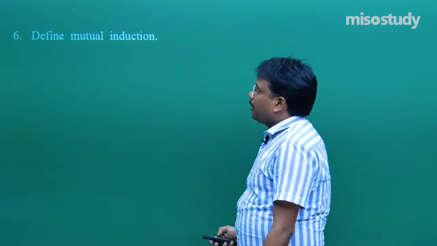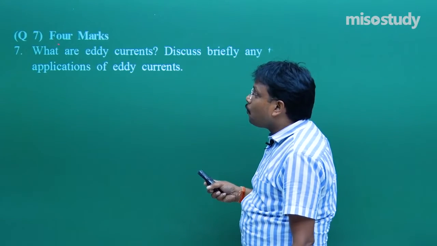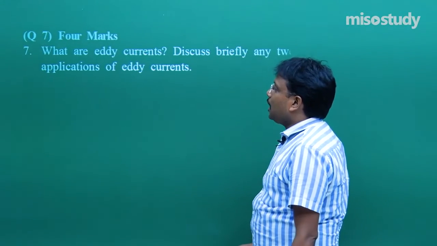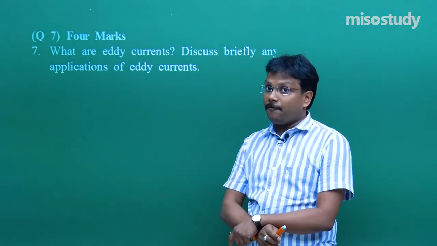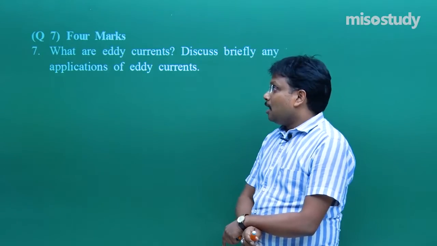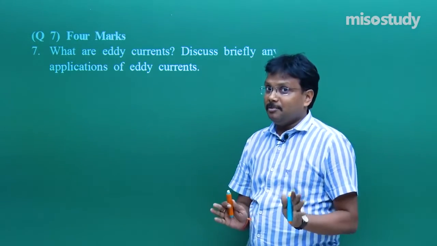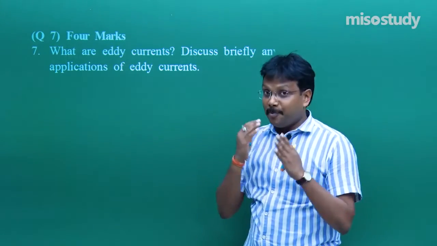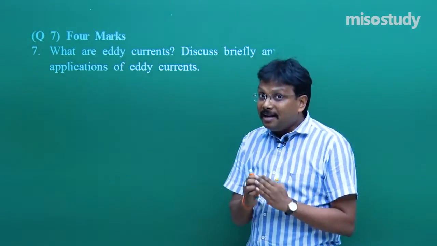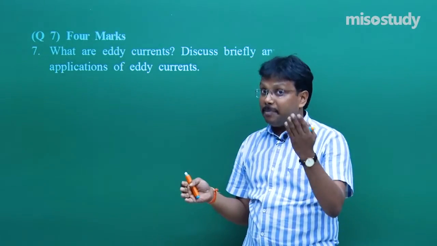Then comes question number 7, and this question is for 4 marks. What are eddy currents? Discuss briefly any 2 applications of eddy currents. One complete video of 30 minutes, I completed this entire topic, experiments, what exactly eddy currents are, and how you can mention some applications.